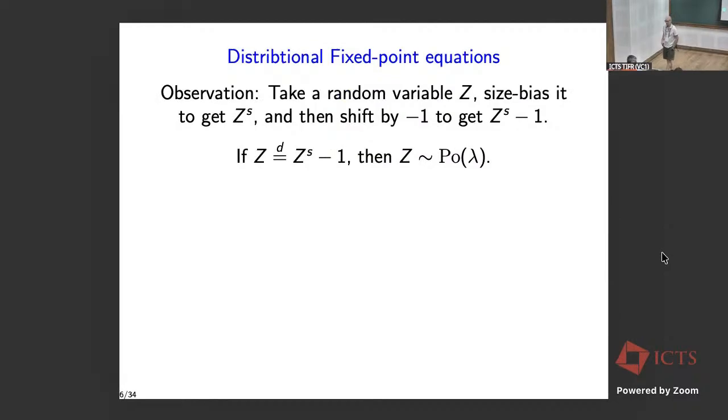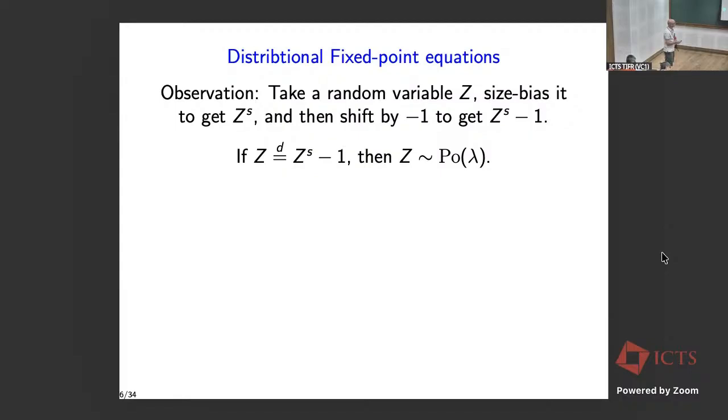Another one is what's called a distributional fixed point equation. Eleanor, I think, mentioned that yesterday. For example, for the Poisson distribution, you can characterize it this way. You take a random variable, you size bias it, we'll see the exact definition later on, and then you remove 1.